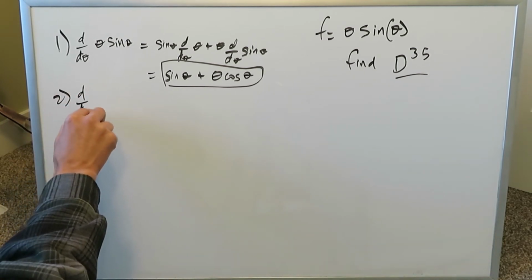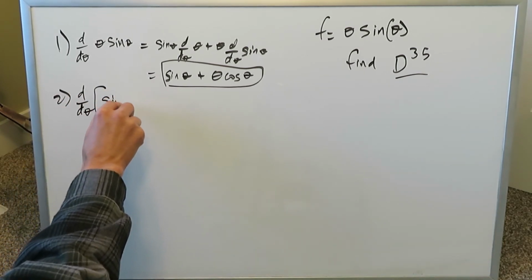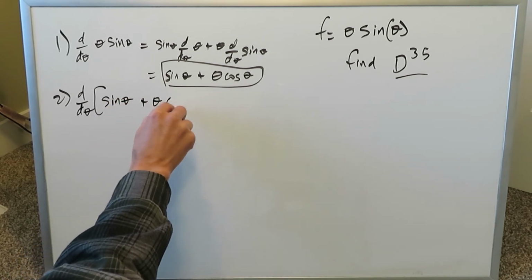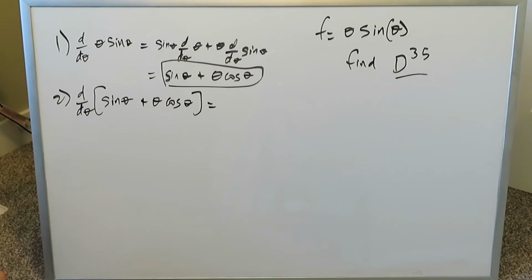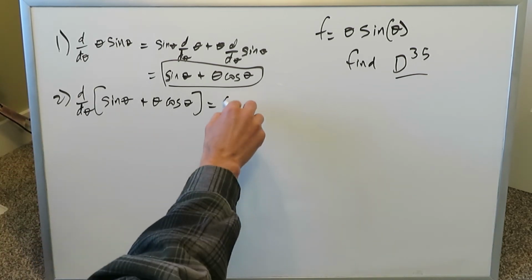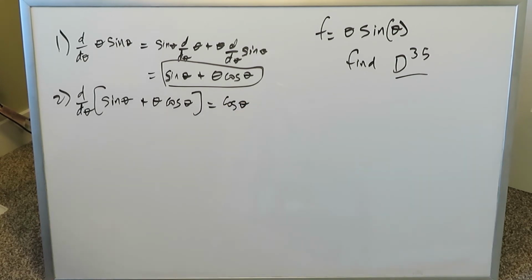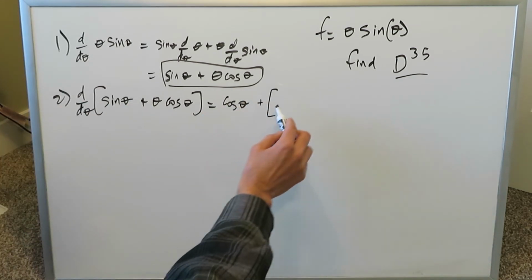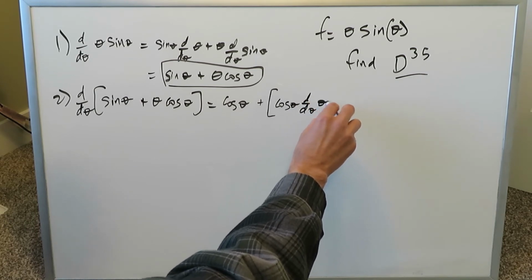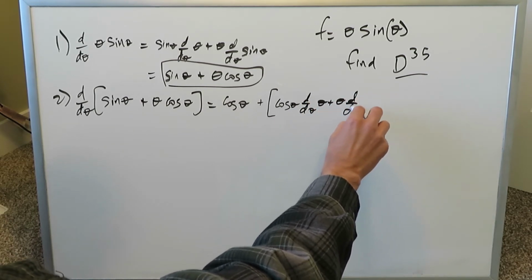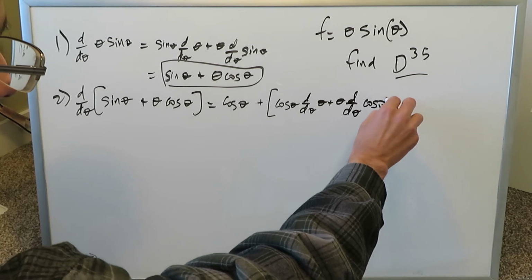We're going to be looking at the derivative of this. Now we have a sine theta over here plus theta cosine theta. When you do this, I won't skip steps for this one, but I will from number 3 onwards. When you do the derivative of sine theta, you get a cosine theta. When you do the derivative of this, you've got to do the product rule again. Cosine theta times the derivative of the f function plus the f function times the derivative of the g function.